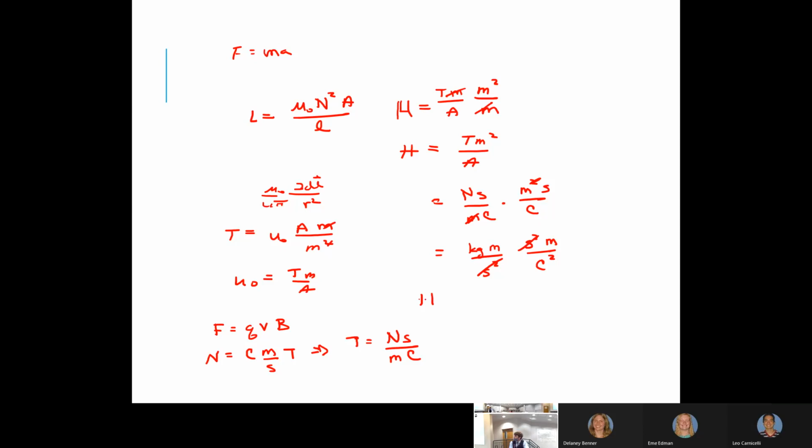So apparently a Henry is a kilogram meter squared per Coulomb squared. Now check Google. That's what I have. I was really hoping that those coulombs would go away, but nah, such is life.